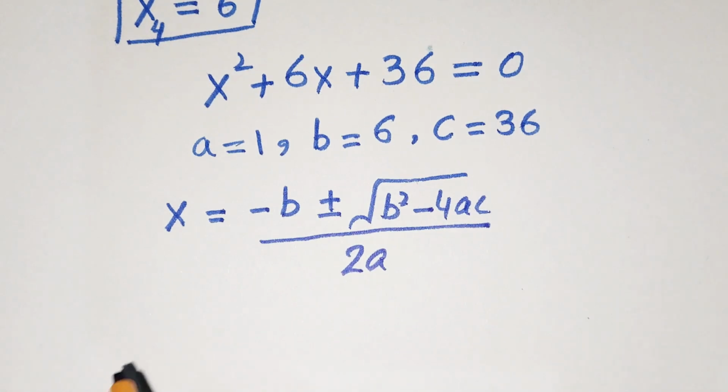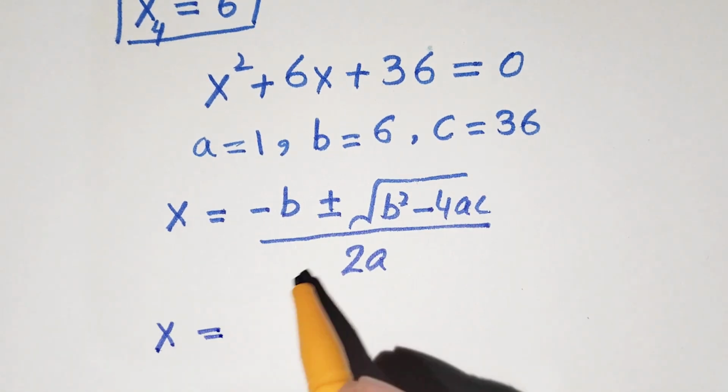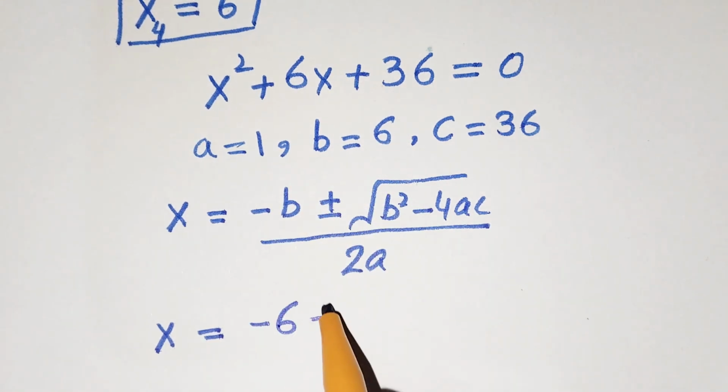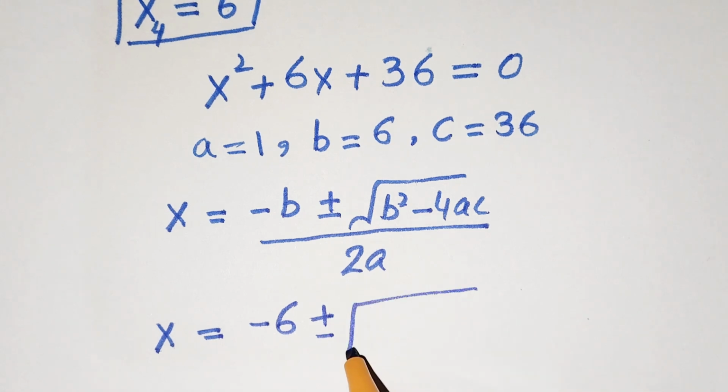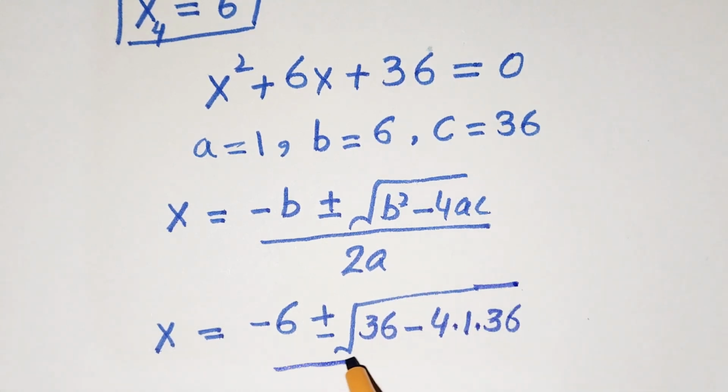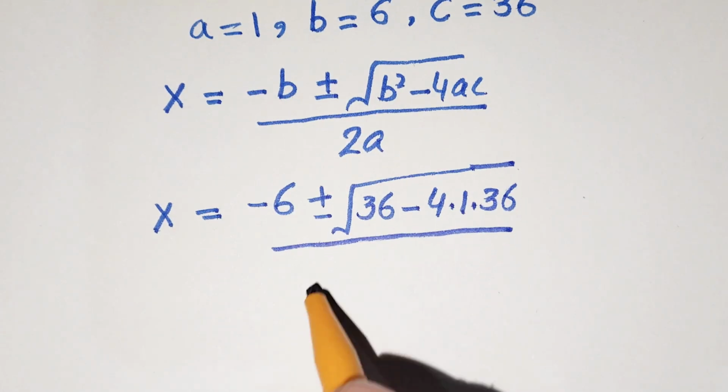So now putting in the values, we get x is equal to minus 6, since b is 6, plus minus square root of 6 squared, which is 36, minus 4 times a, which is 1, and c, which is 36, whole divided by 2a.